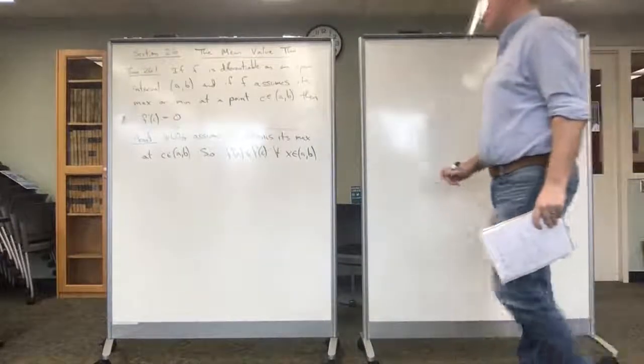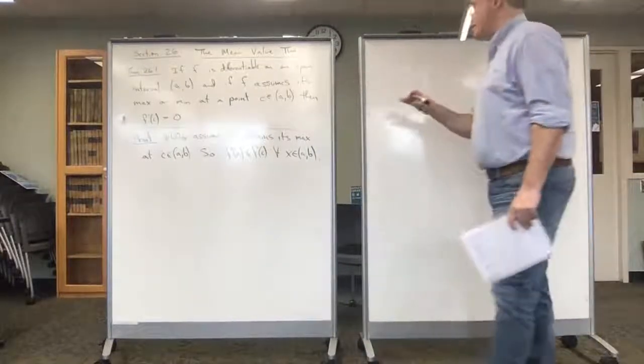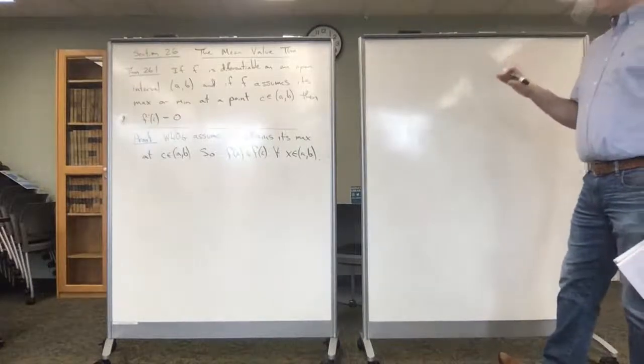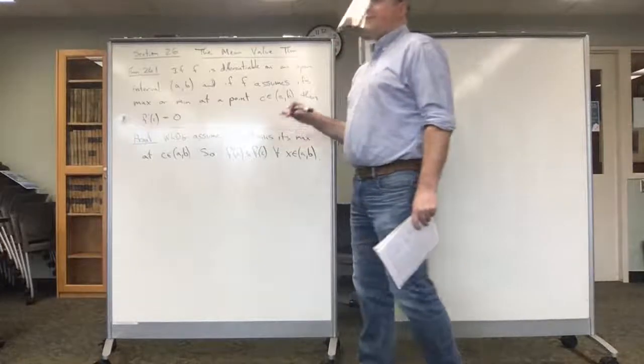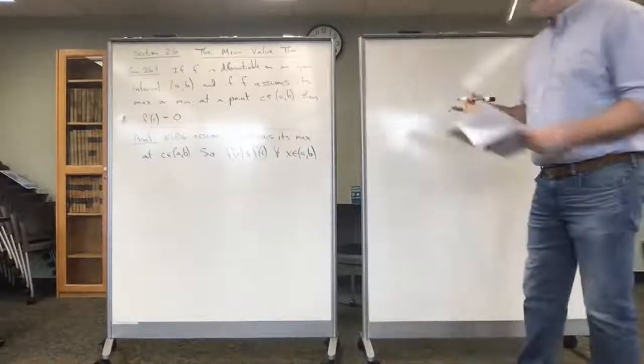Now I'm going to look at a sequence inside of (a, b) that approaches this value c from different sides, and we'll see why in just a second.